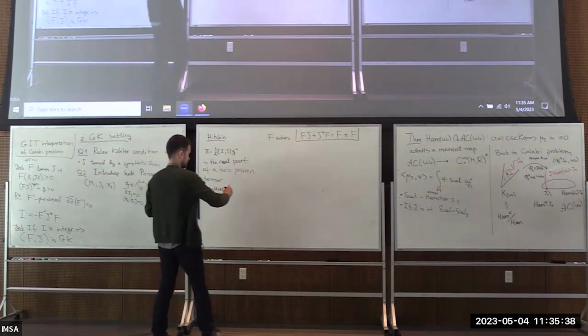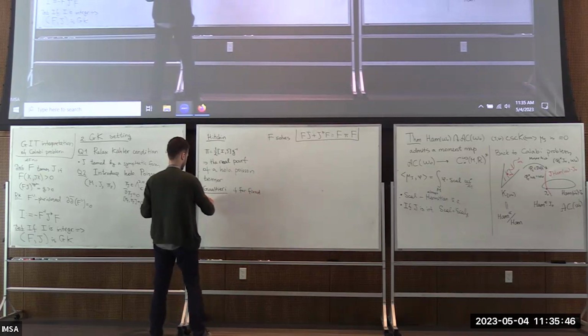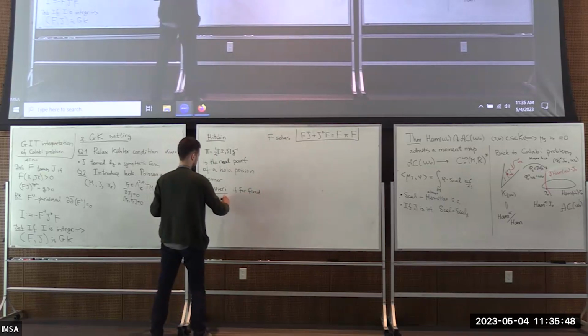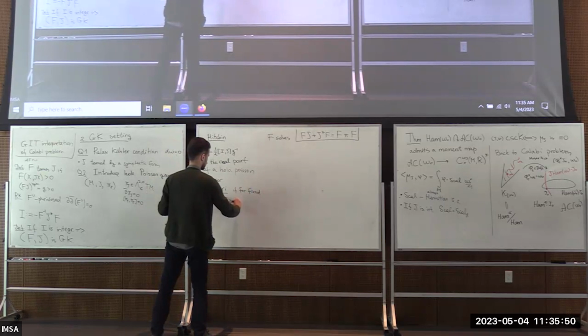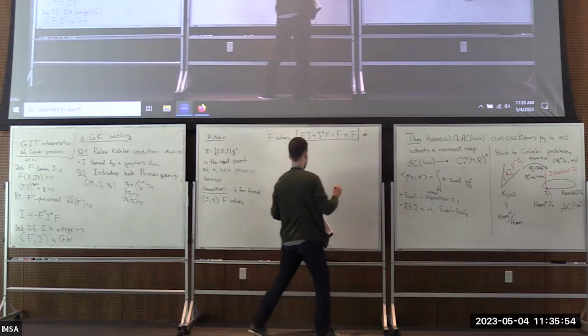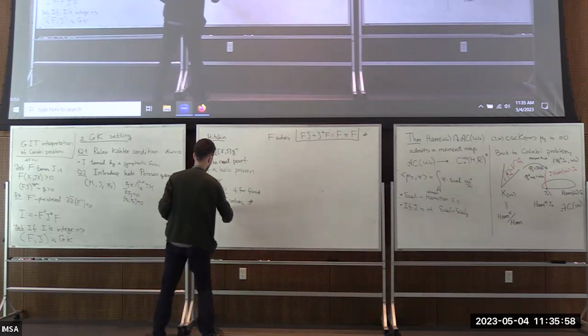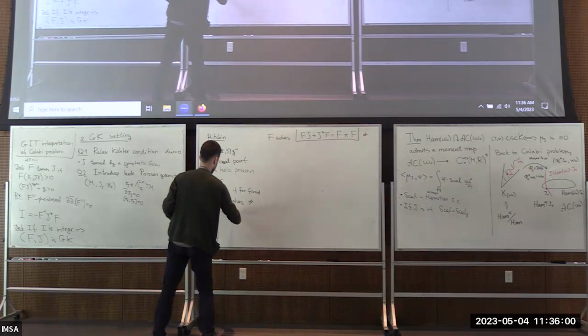So, if for fixed J and pi, F solves this equation, star, then I is integrable.